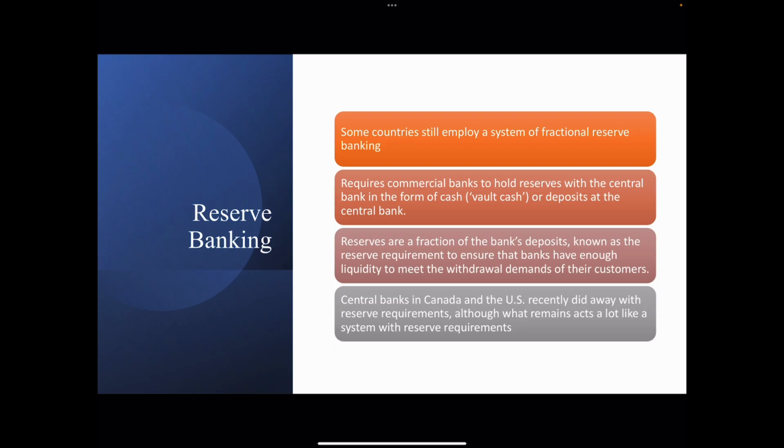Reserves are a fraction of the bank's deposits, known as the reserve requirement, to ensure that banks have enough liquidity to meet the withdrawal demands of their customers. Central banks in Canada and the US recently did away with reserve requirements, although what remains acts a lot like a system with reserve requirements, as I noted on the earlier slide.